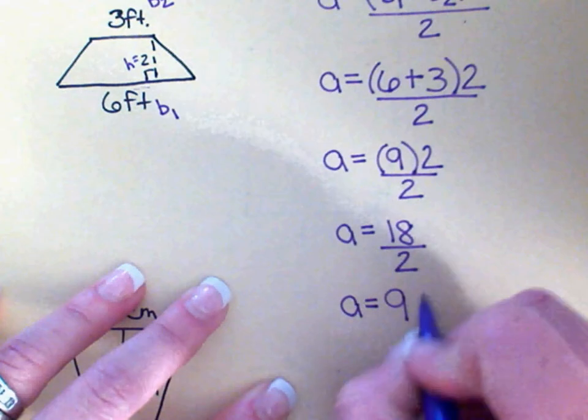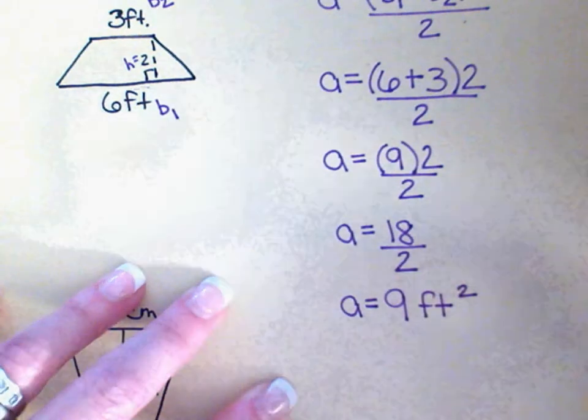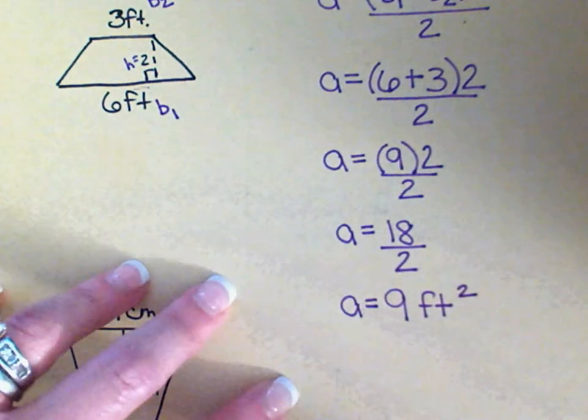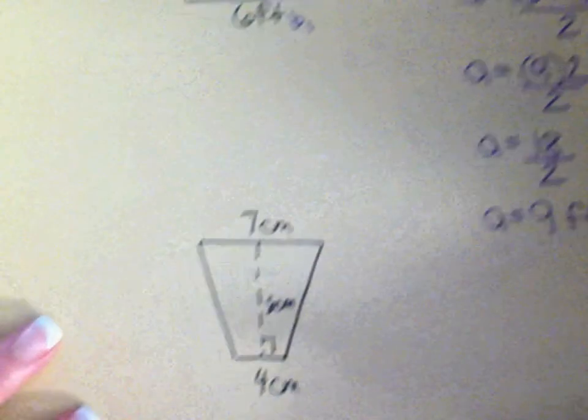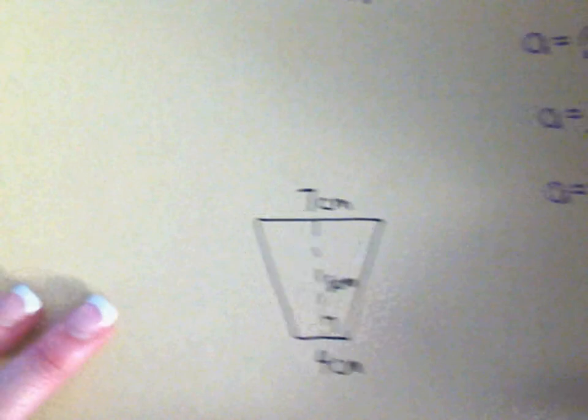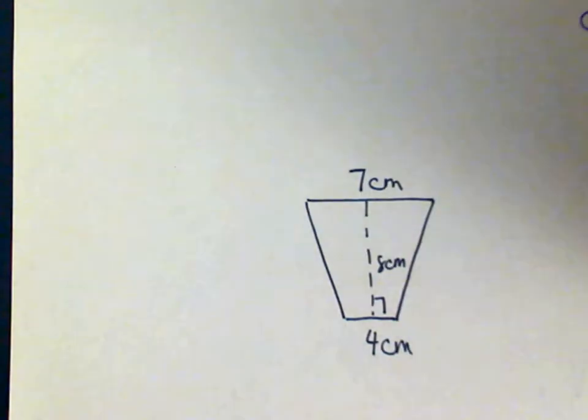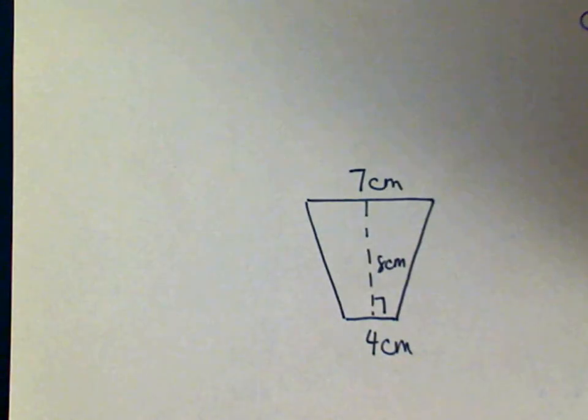I still have not divided by 2 yet, so I'm bringing it down. A equals, well, 18 divided by 2 is 9. Now that I'm left with A equals a number, I know that this is the area of my trapezoid. My unit of measure was in feet, and to show area, it is squared.